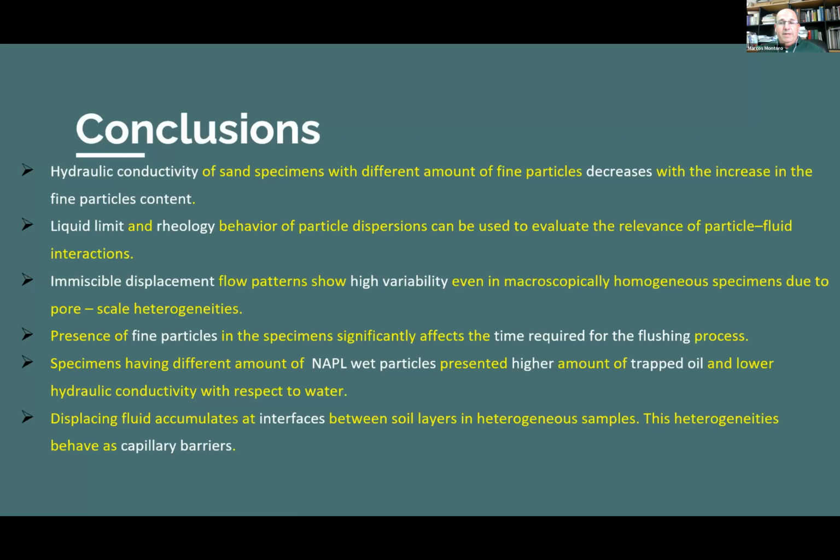Finally, displacing fluids accumulate at interfaces between soil layers in heterogeneous samples, and these heterogeneities behave as truly capillary barriers.